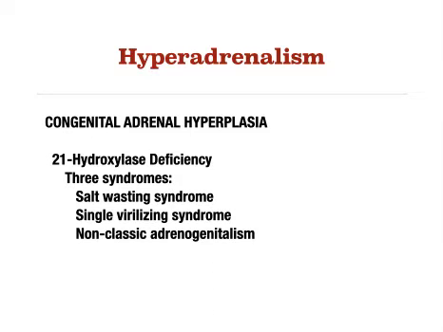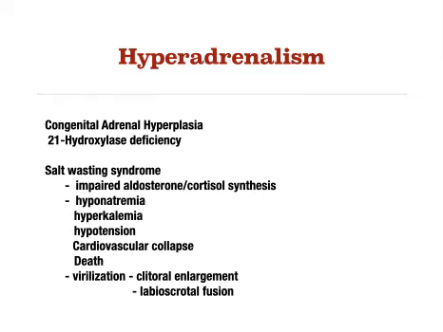So there are three distinctive syndromes of your 21 hydroxylase deficiency. You have your classic type or your salt wasting adrenogenitalism, you have your simple virilizing adrenogenitalism, and your non-classic adrenogenitalism. Now for salt wasting syndrome, the deficiency in both mineralocorticoid and glucocorticoid is manifested early at birth.